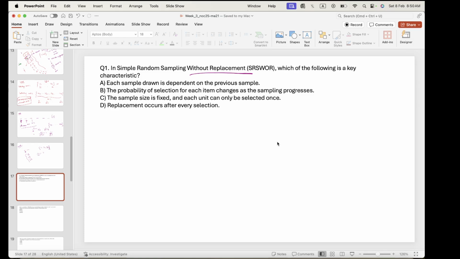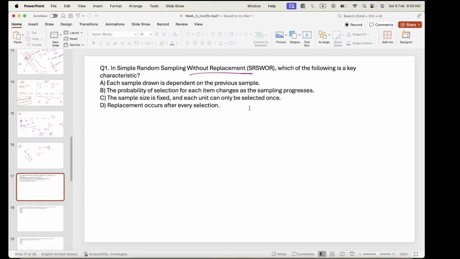With replacement, the probability will remain the same for every unit. Without replacement, it will keep on changing.